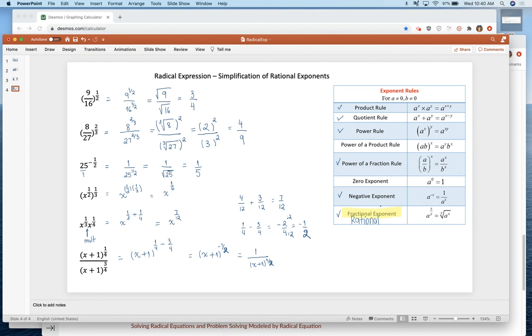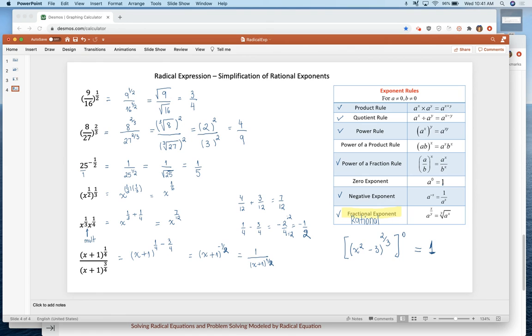The only rule that we did not use here is the zero exponent. For example, if I have x squared minus 3 to the power of 2/3, and all this to the power of 0, I would try to manipulate this, but if I see that a base is to the power of 0, I don't have anything to do, because by definition this represents 1.